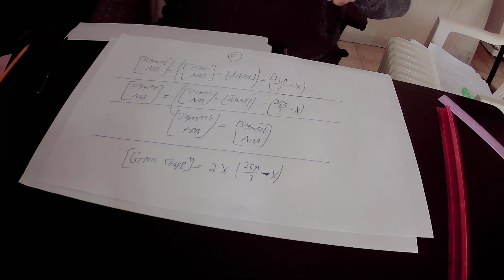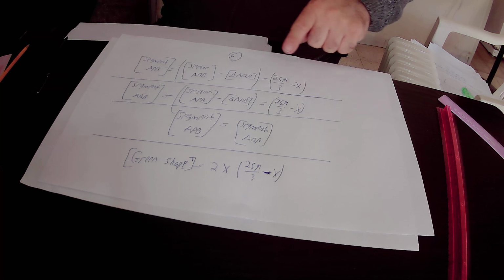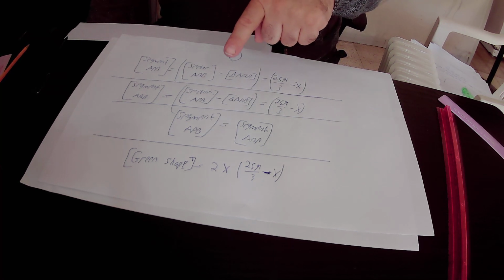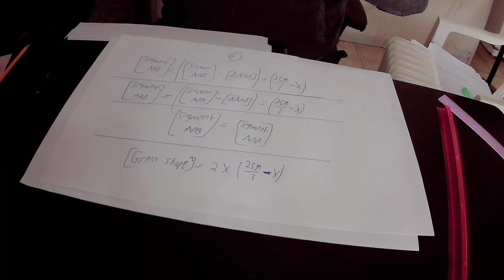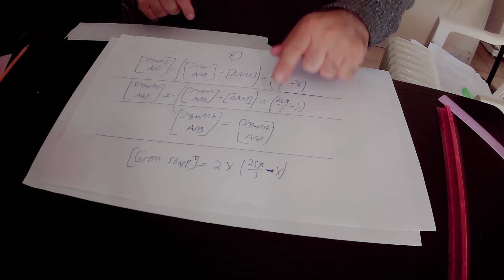So we found out that the area of segment AQB is equal to the area of segment APB. They both equal 25 pi over 3 minus x square units.